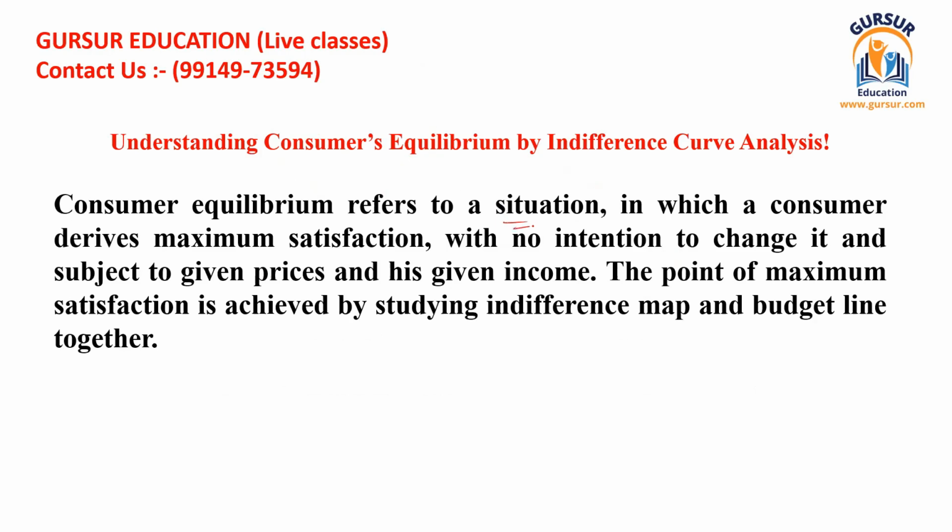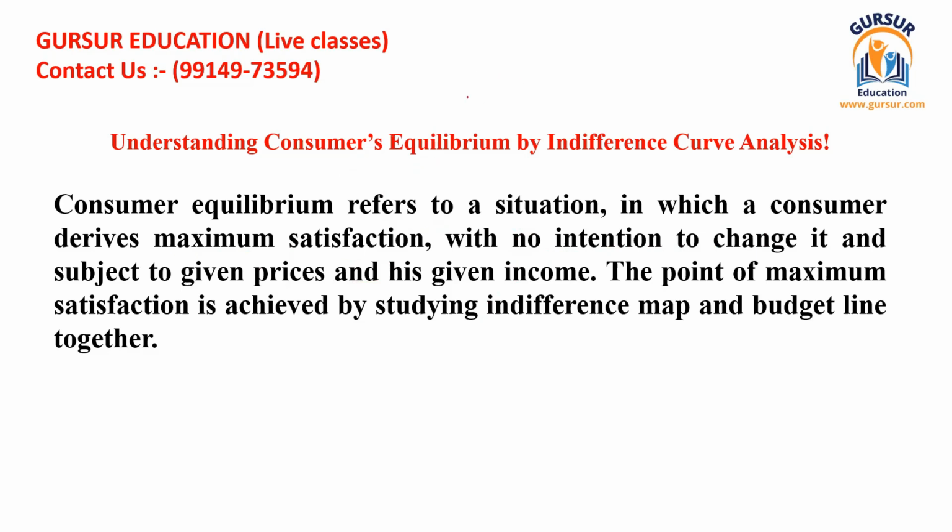Equilibrium is a situation in which the consumer is deriving maximum satisfaction and has no intention to change it, subject to given prices and given income. This is the level of maximum satisfaction which the consumer is getting, and he does not have any intention to change it. This is known as consumer's equilibrium position.